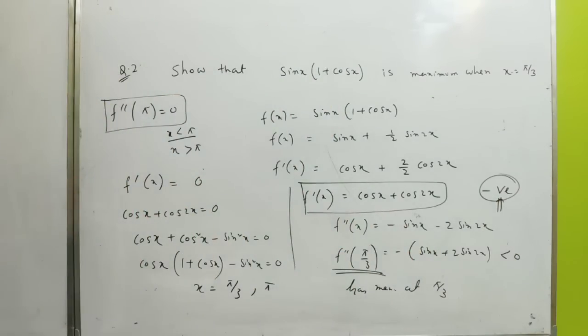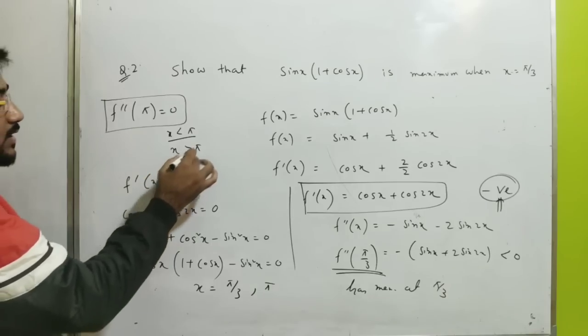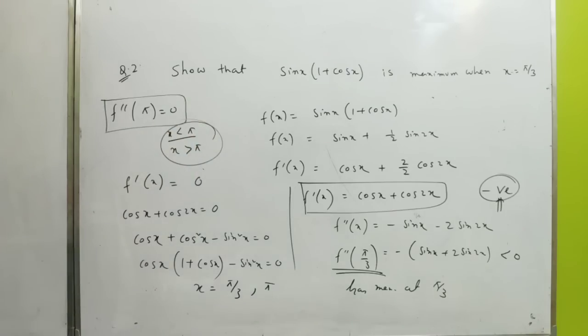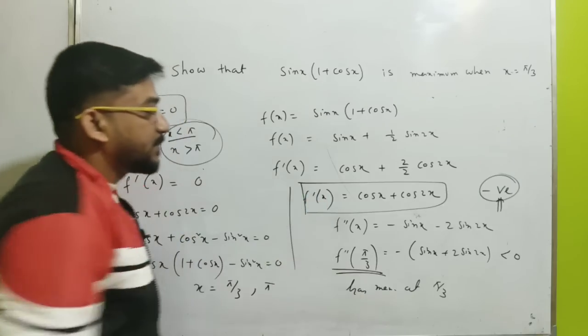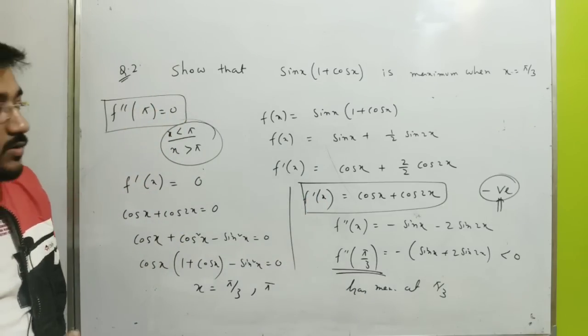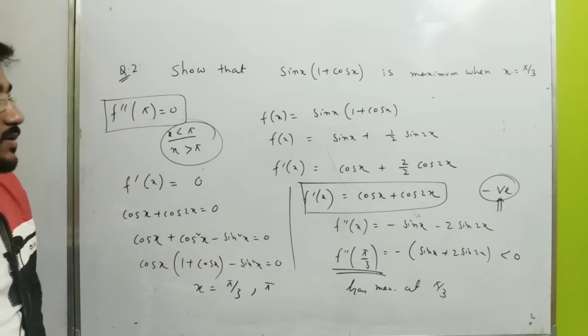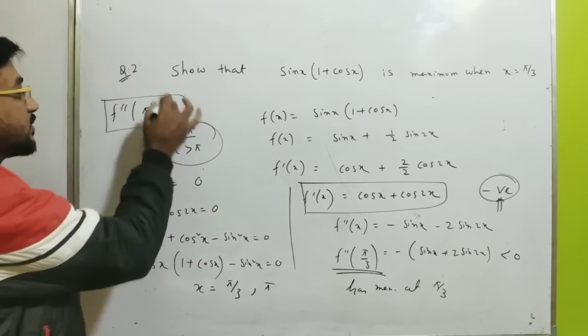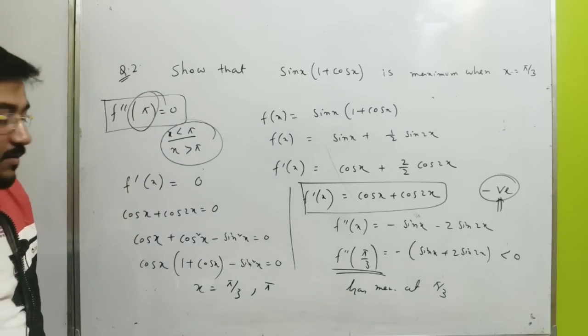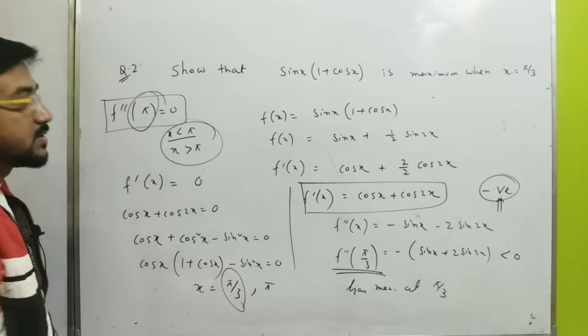What it means is that around x equal to pi, the first derivative, f prime x, does not change sign. It means it has neither maximum nor minimum at the point pi, but it is a maximum at pi by 3.